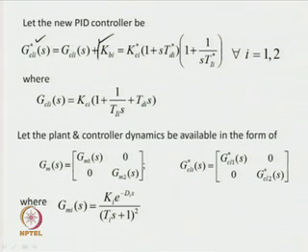Please note that KBi, the proportional controllers, are added, thus giving us the new PID controller. GCLi(s) represents the parallel PID controller, whereas the KBi are nothing but the proportional controllers.